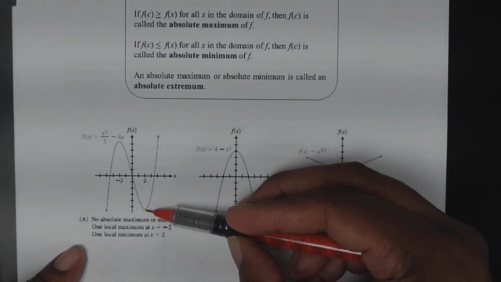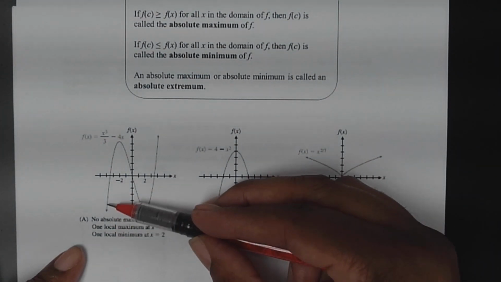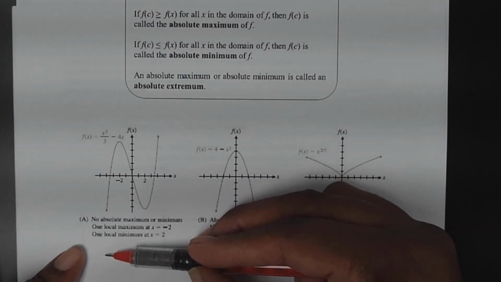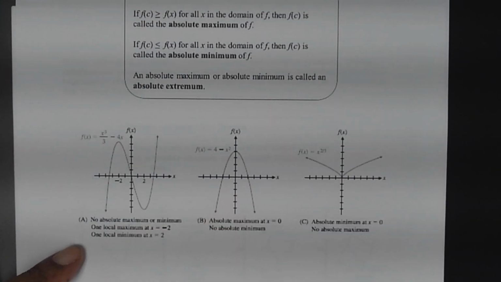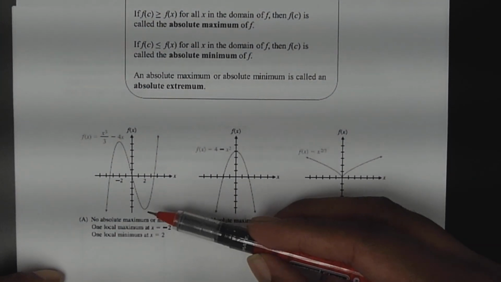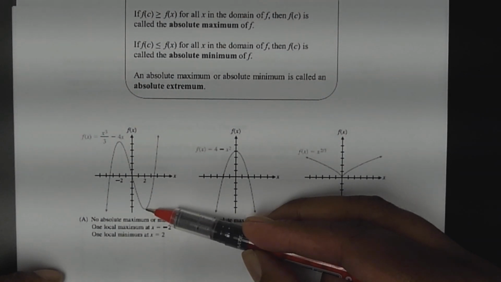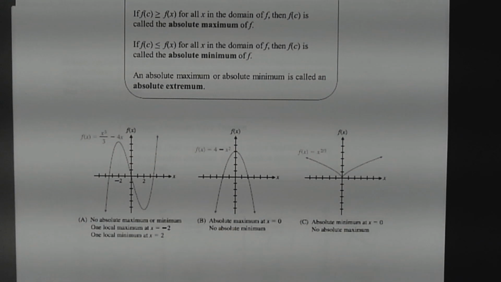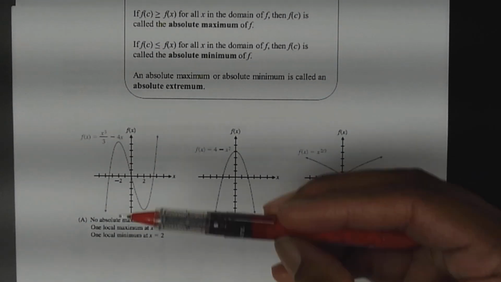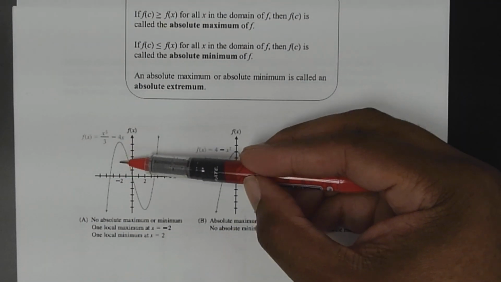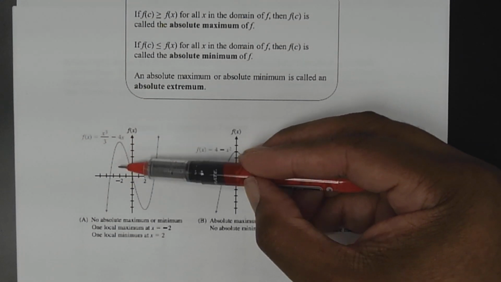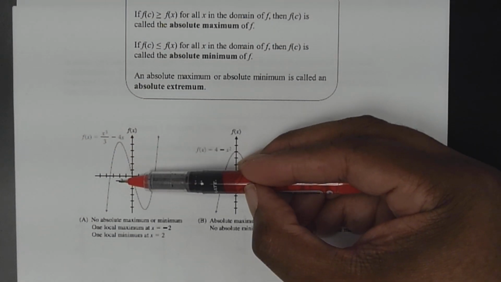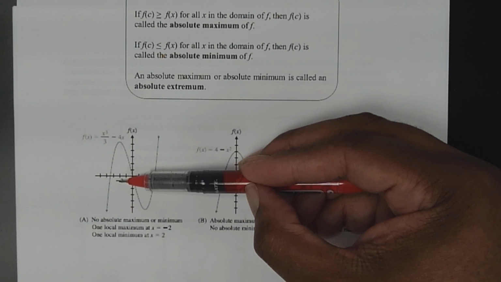There is none because this graph goes indefinitely falling from the left, meaning there are negative f of x values that are greater than this lowest point on the graph. Okay? Now, there is one local maximum, which is at x is equal to negative 2. So that is a local maximum, but it's not an absolute maximum.